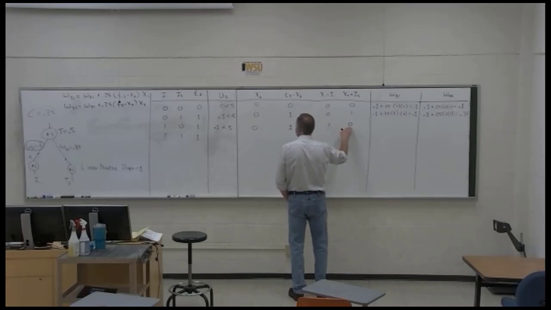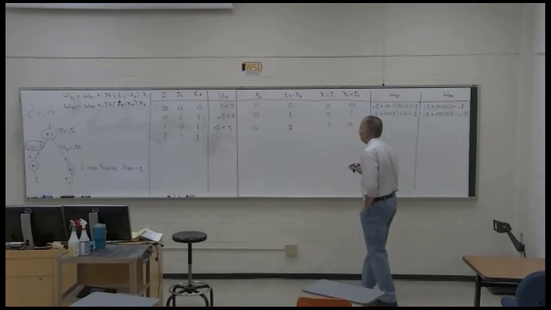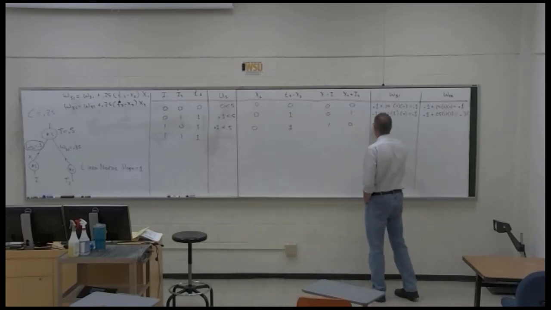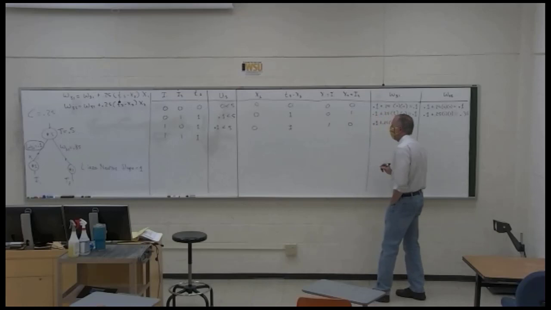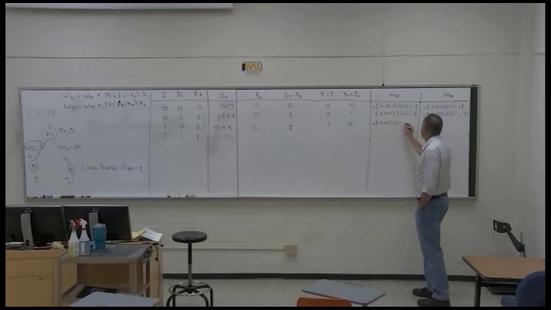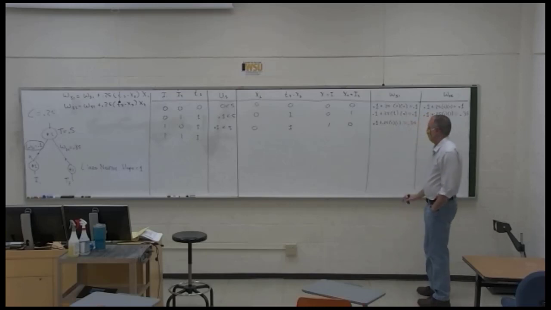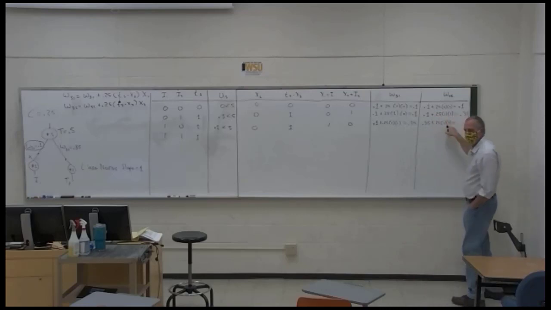Here's our signals. So we apply the same update rule. Error is 1, but now the signal on that left side is 1. So this weight changes. This weight's 0.35. We have an error of 1, but the signal on the right side was 0 right there.